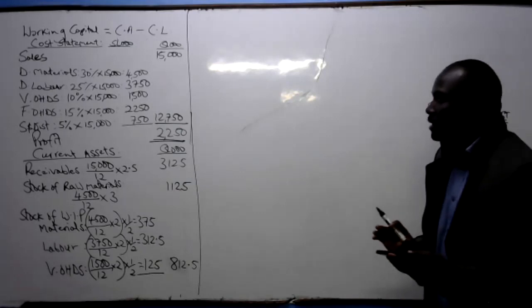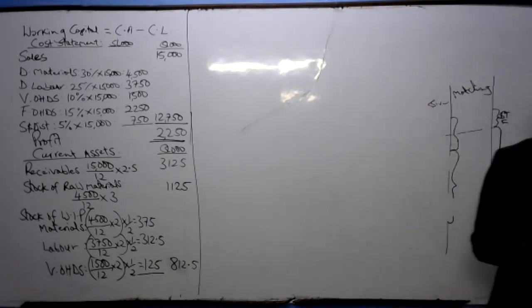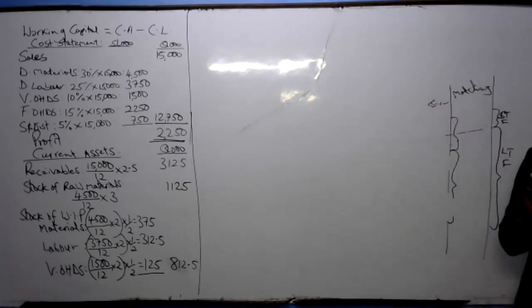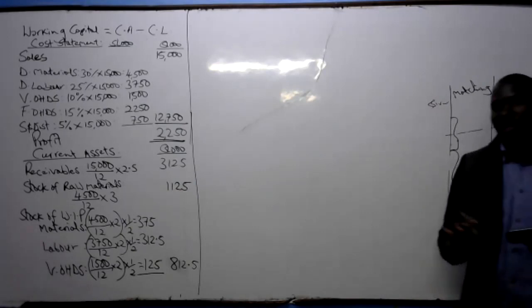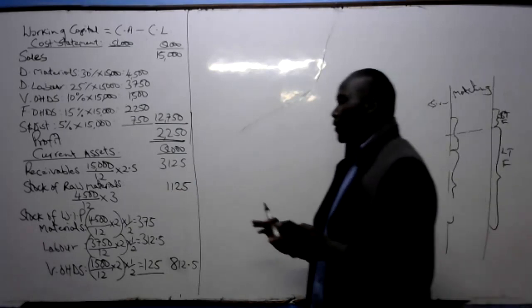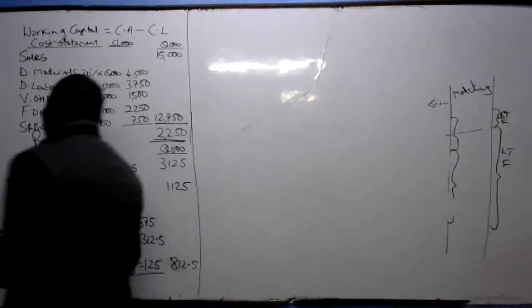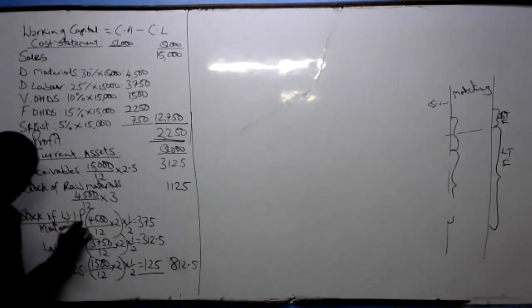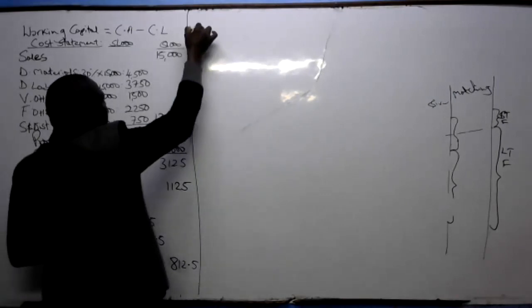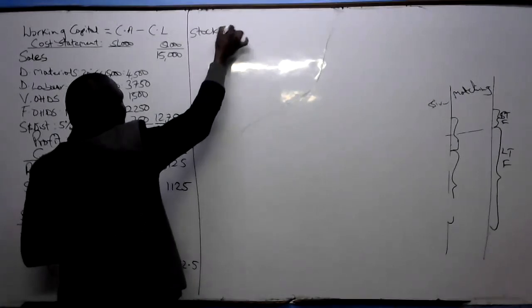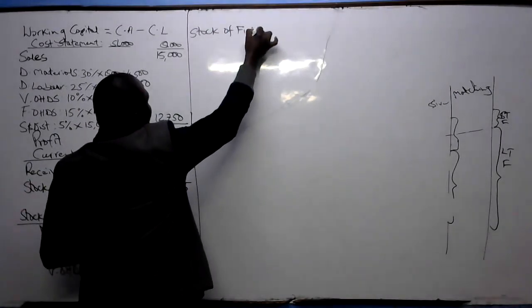We are looking at the assets: receivables, cash, and inventory. Manufacturing firm has 3 types of inventory: raw materials, work in progress, and finished goods. Then we also need the stock of finished goods.